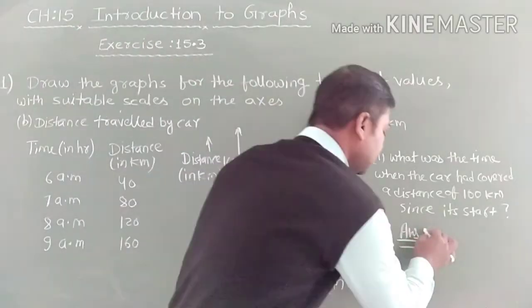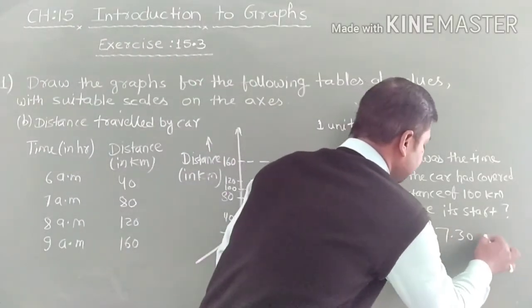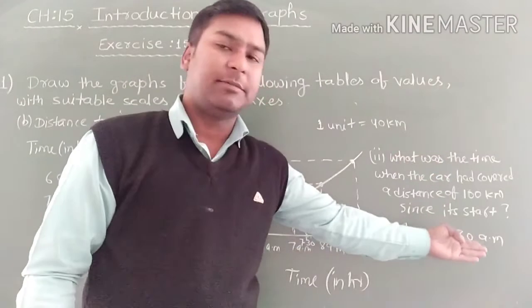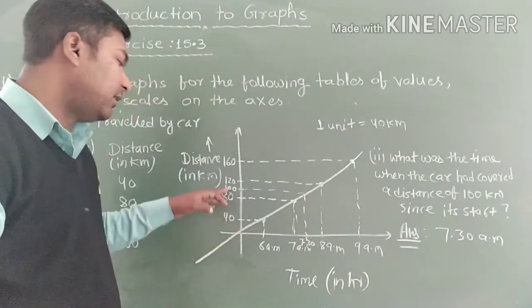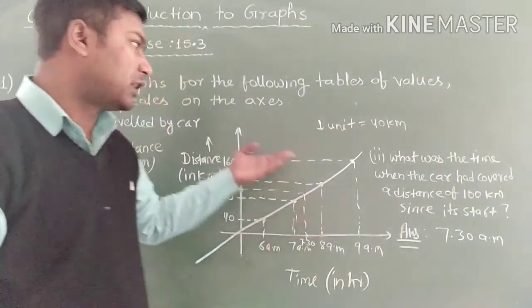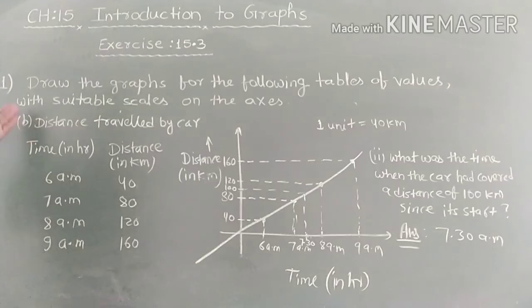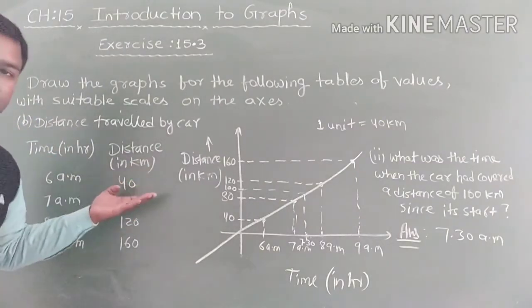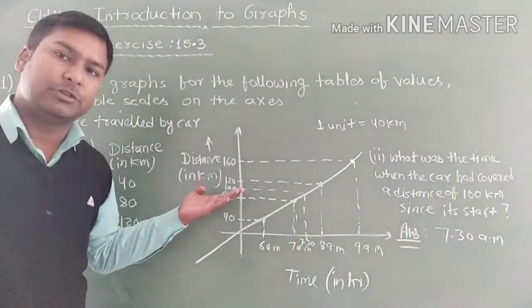The answer will be 7:30 a.m. So 7:30 a.m. is the time when the car traveled 100 km. So this was the explanation of B part, and of question number 1, both A and B parts. Now next, question number 2.